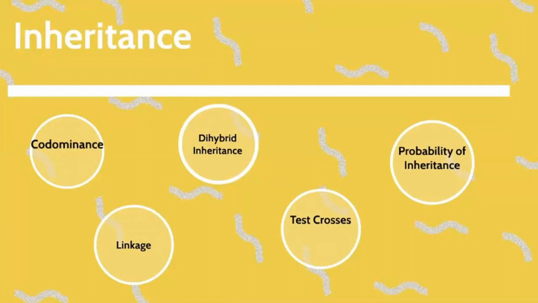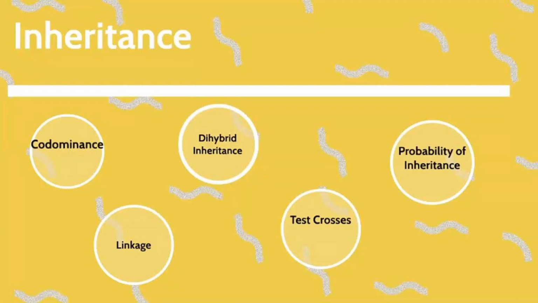The blue eye allele is recessive, so there must be two of these alleles in order for a person to have blue eyes. So if the mother has blue eyes, that means she must have two recessive blue eye alleles. And then the father has brown eyes, but this is due to having a brown eye allele and a recessive blue eye allele.